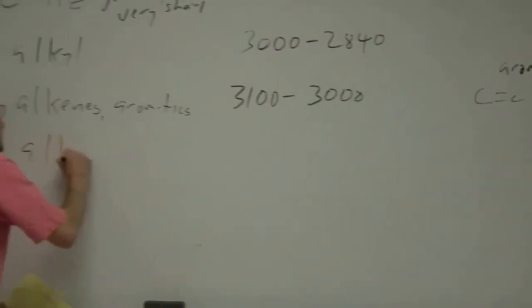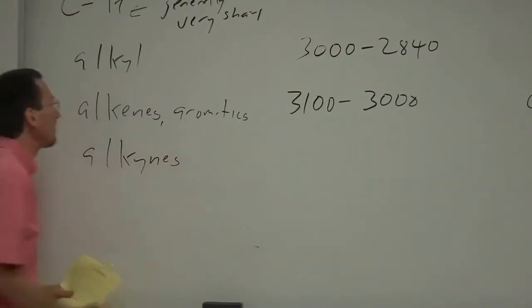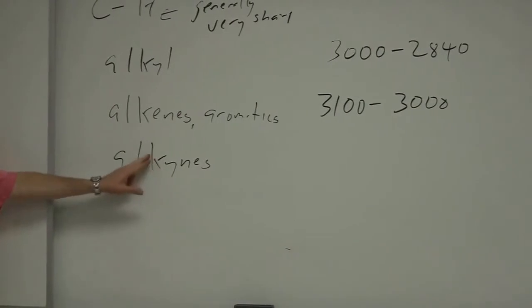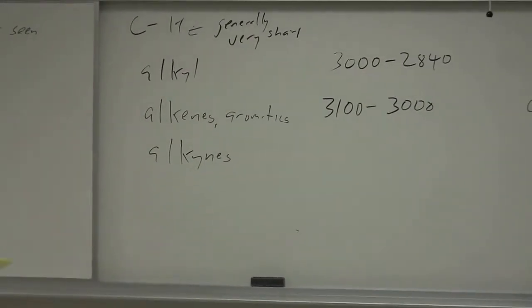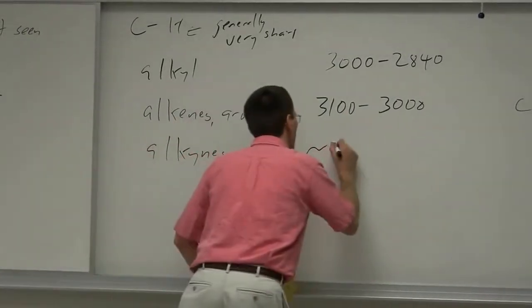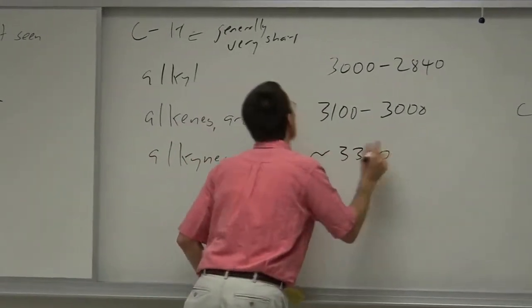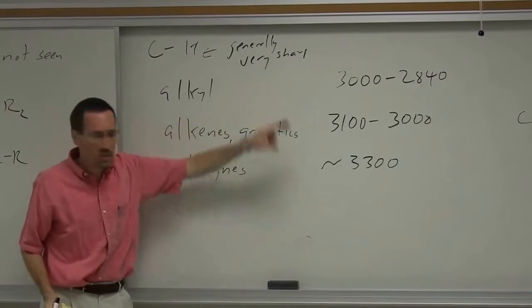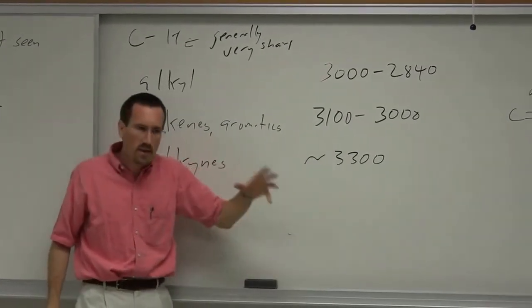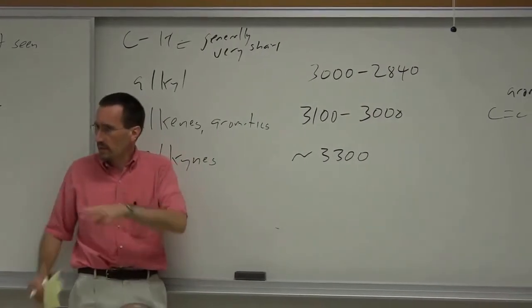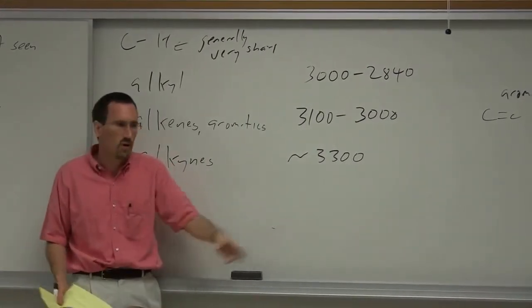Alkynes, if they are terminal alkynes, of course you have a CH group, that tends to stand out. So it'll be at about 3,300. And as I was saying, they're generally very sharp. So alcohols also show up at about 3,300. But the pattern recognition is going to be completely different because an alcohol is going to be a broad band.